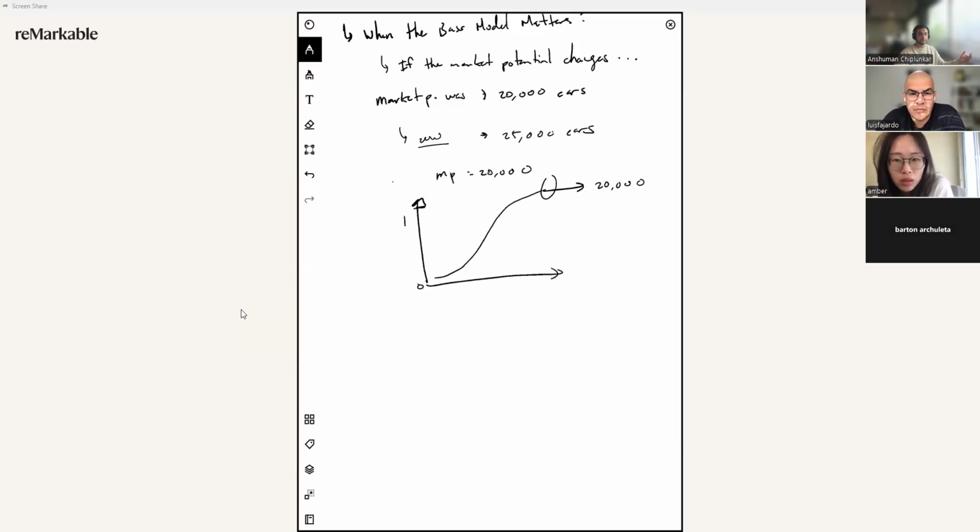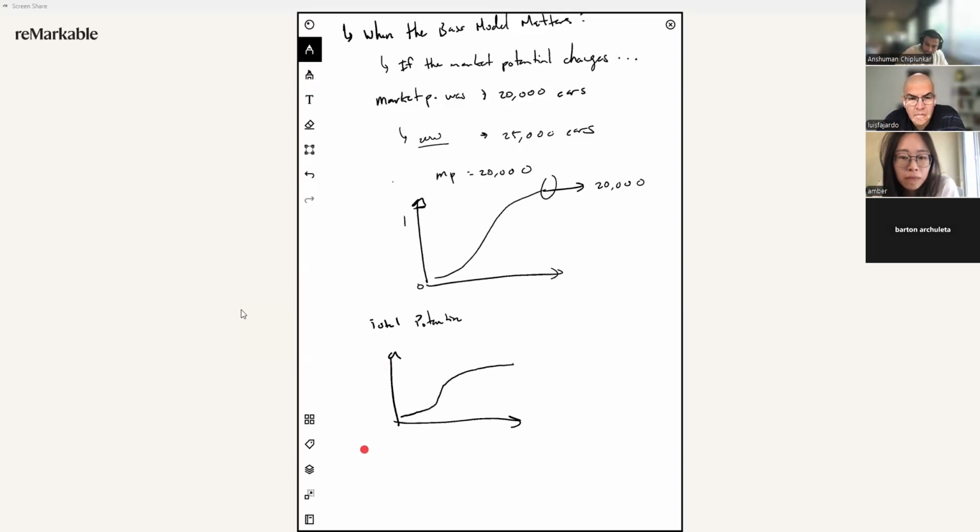And the funny thing is, if you add it up for every single other company, so let's say there's four other companies selling in a similar vein with different distributions, some have 10,000 cars, some have 12,000 cars, if you added that all up together, you're going to find for the most part that it looks exactly like this, except the total potential is going to be really aggressively S-shaped.